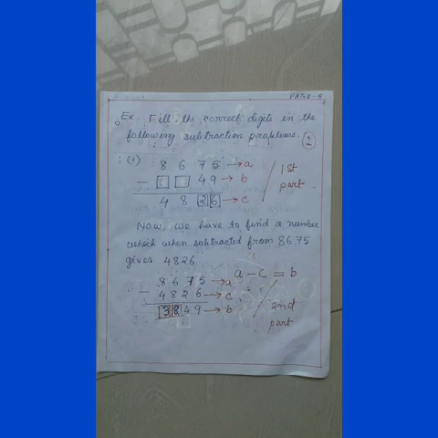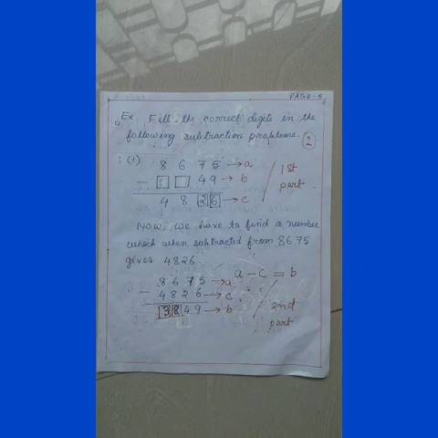Our A is 8675. From B we do not know the first two digits, and in C we have got 482 and 6.